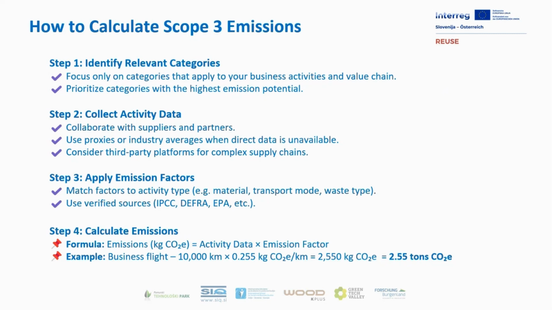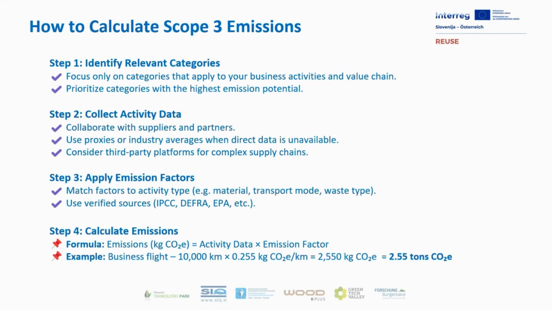Step 2 is data collection. Collecting accurate data for Scope 3 can be challenging because much of it comes from outside your organization. There are a few useful strategies for gathering this data. First, engage with your suppliers. Work with them to collect data about their emissions, especially for purchased goods and materials.